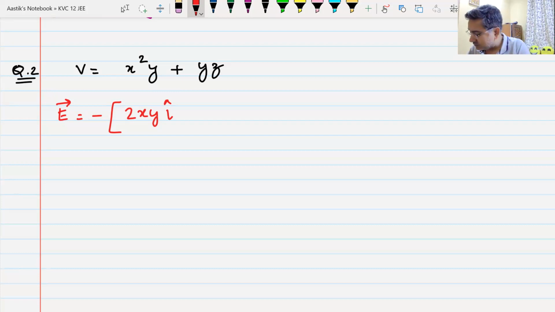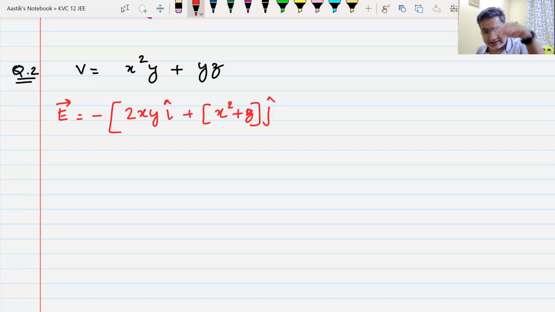Rest are constants. So it will be x square plus z, that will remain j hat. Then I differentiate this entire thing partially with respect to z. Z is the only variable. Rest are constants. Plus y times k. This, my dear friend, is the electric field vector. Do we understand this? Yes or no?